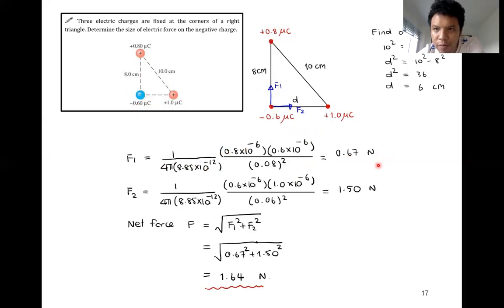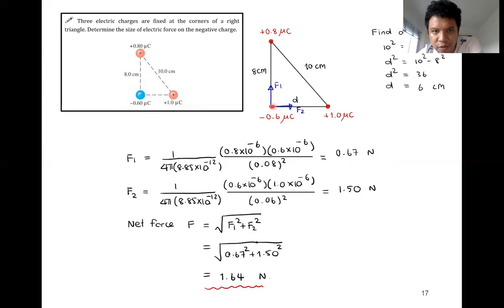After we have the magnitude, we consider the direction, which is the up direction. Again, to see the direction of F2, we consider the negative charge and positive charge. The negative charge will be attracted by the positive charge, so the direction of the force will go to the right hand side.